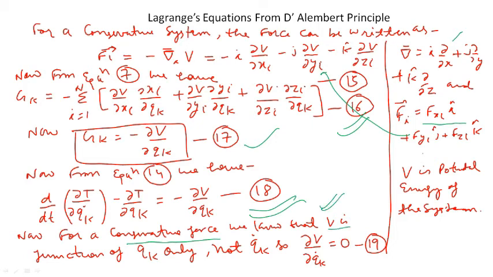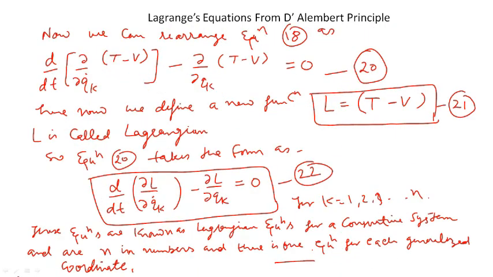It is not a function of the velocity or generalized velocity. Similarly here V is a function of only the generalized coordinates. Here V is not a function of the generalized velocities. So when it is not a function of the generalized velocity, we can write del V over del qk dot equal to 0, and let us say it is equation number 19.